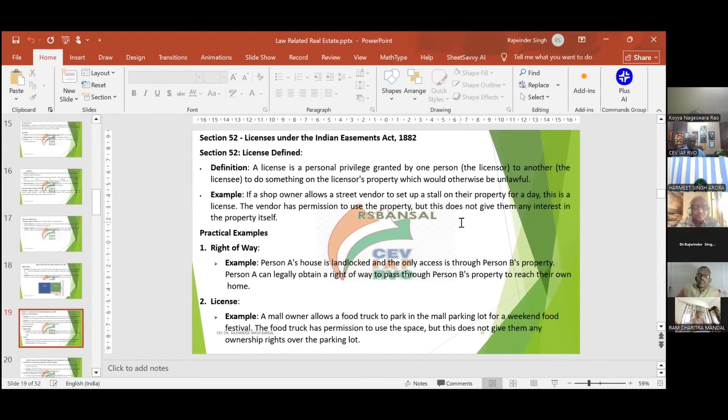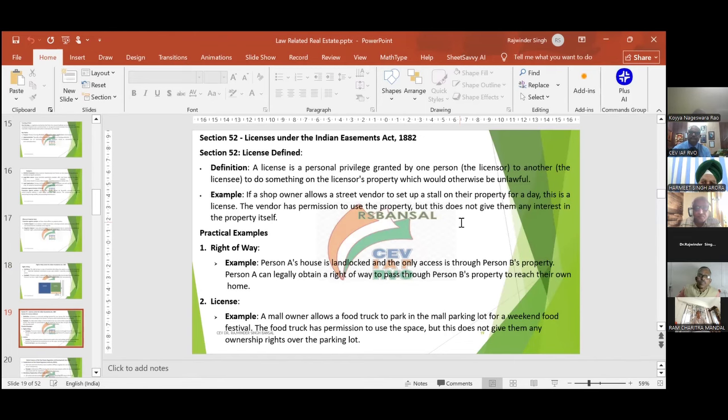Section 52, licenses. This is licenses under the Indian Easement Act, 1882. So you must understand what is a license.